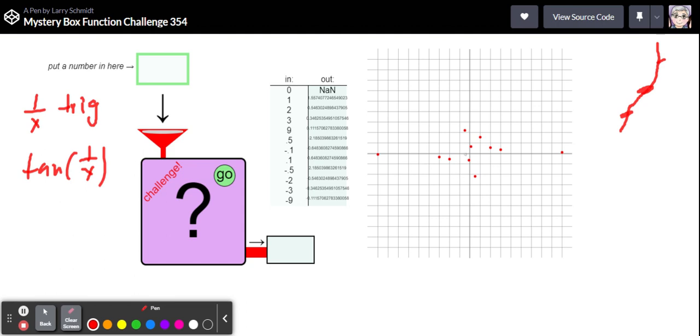So is there a better way to test this? It'd be nice to see if we could actually get something that really goes off the graph, because then that would make me think that this is tangent for sure. Well, let's just try a few other values. What have I tried? I did 0.1. Let's do 0.2. We'll just poke around in here between 0 and 1.